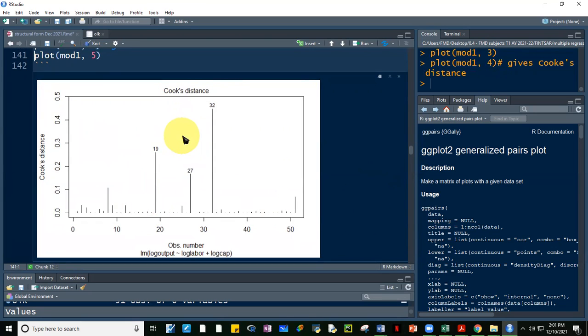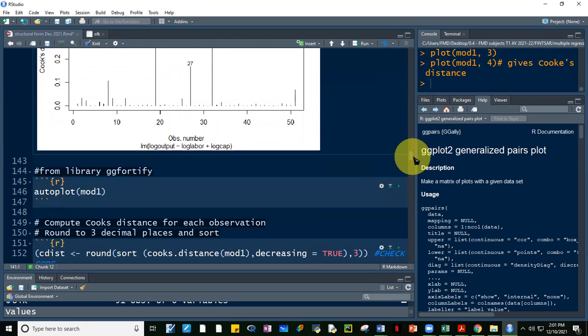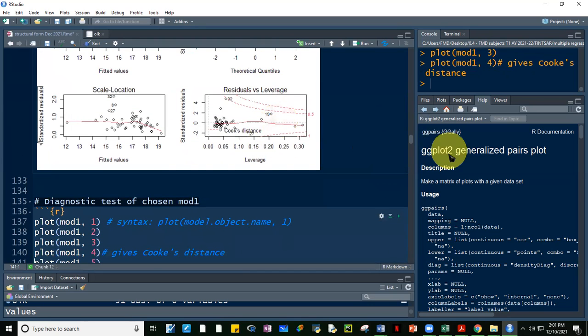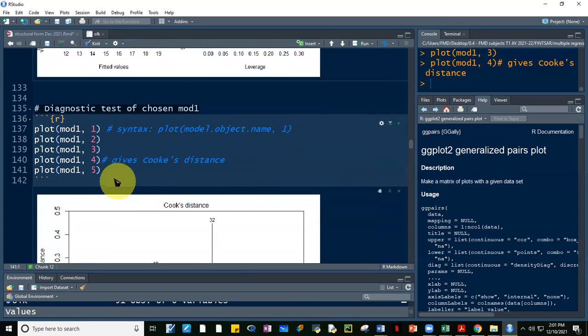So yung mga influential point, guys, kailangan aralin yan, kailangan tingnan kung talagang nakaka-influence sila dun sa regression output. Okay, and then yung last will be residuals versus leverage.